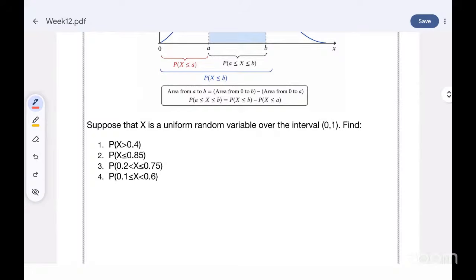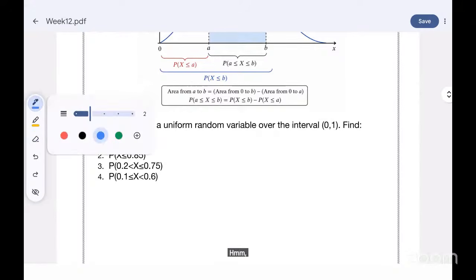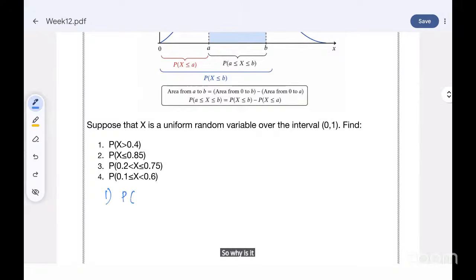What is the answer for the first? It will be 0.6. Yes. So why is it 0.6? Is it clear for everyone? Yes, ma'am. So it is 1 minus P of x less than or equal to 0.4. So here you see that it's the same.